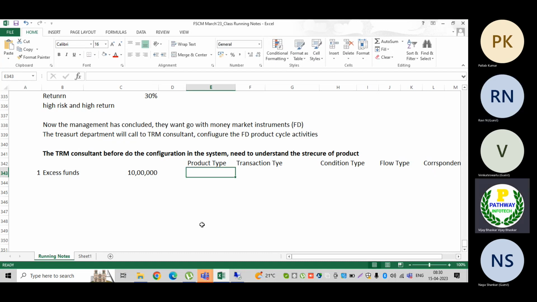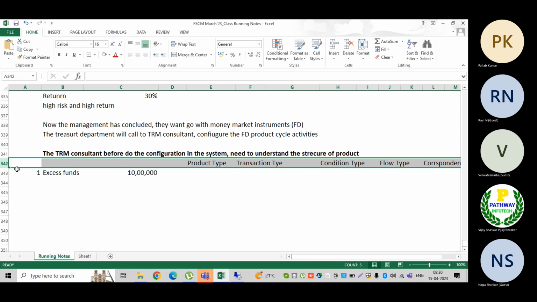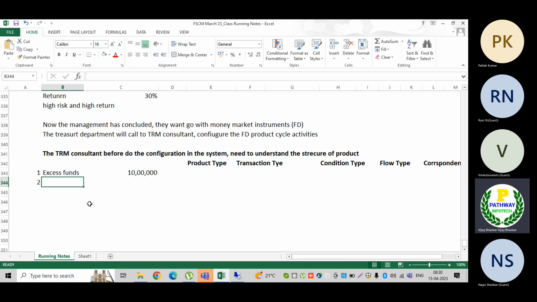Usage type is not required. Now we have excess funds.